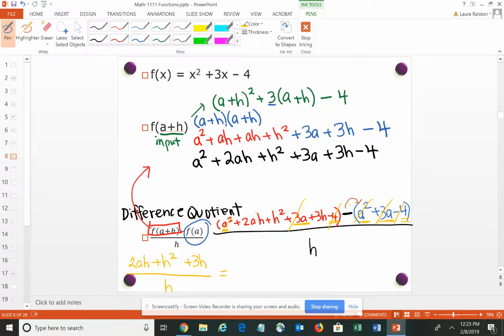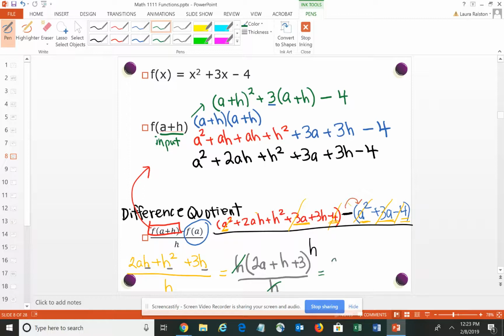I then notice that all of the pieces have an h in them in the numerator, at least one h. So I'm going to factor out an h, and I'm left with 2a plus h plus 3 all over h in the denominator. Then, since I have an h in the numerator and an h in the denominator, I can divide those out.